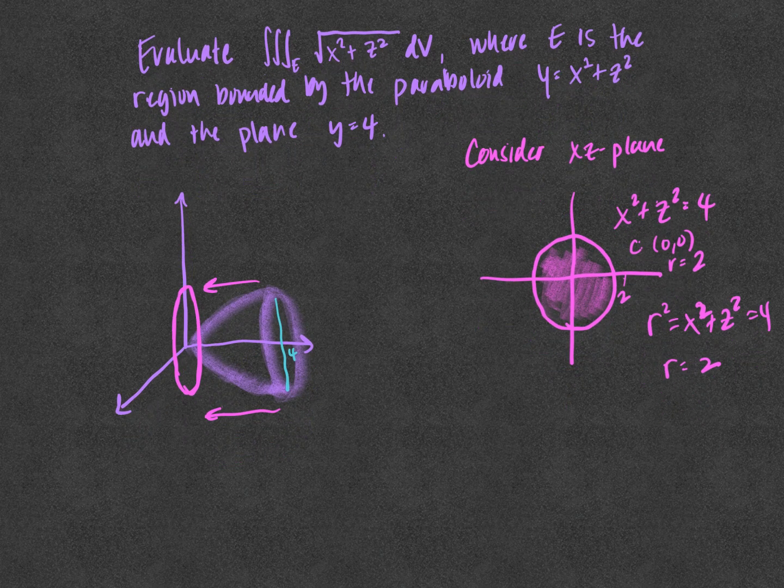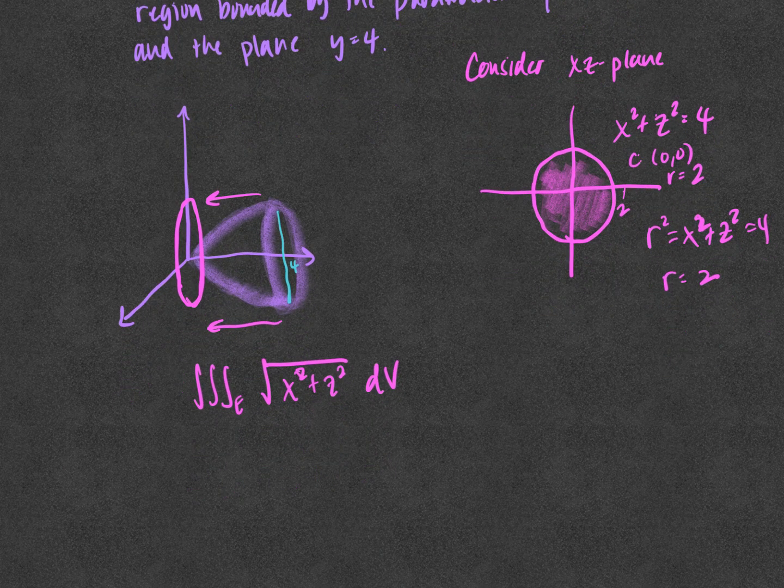And we have the triple integral, let's say over the region E. Let's cheat and do what they're doing. And we have the square root of x squared plus z squared with respect to the volume. Now, let's pull this in just a little bit. So let's use the notation on the previous screen and say the double integral, and then we're going to look at the inside integral.